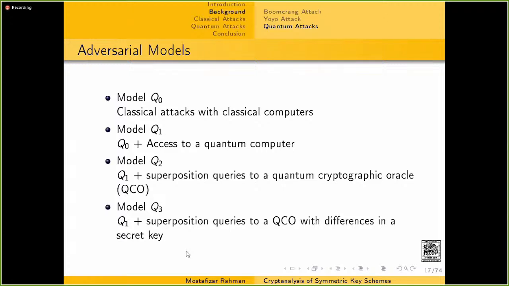And then there is model Q3, where the adversary can make superposition queries to the cryptographic oracle using differences in the secret key. In our attacks, model Q1 and model Q2 are very important, and the attacks shown in this thesis are in these 2 models, Q1 and Q2.